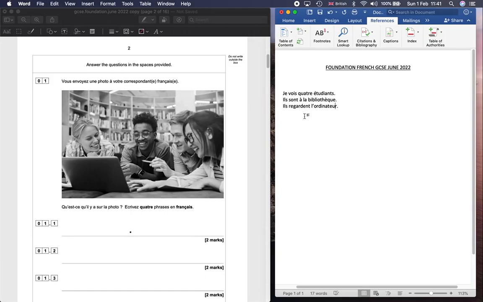Don't forget to conjugate your verbs. Ils regardent l'ordinateur. And finally, let's have a look at the mood. They are smiling. They're happy. So, ils sont contents.